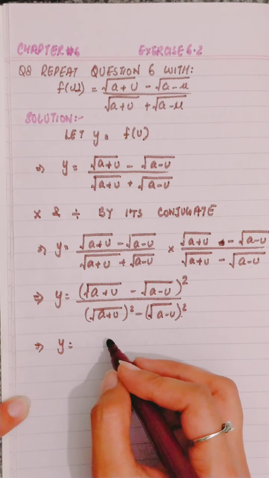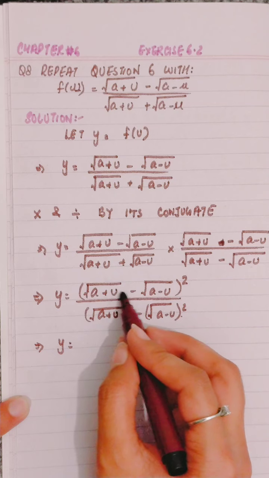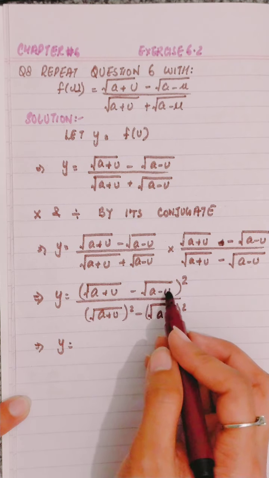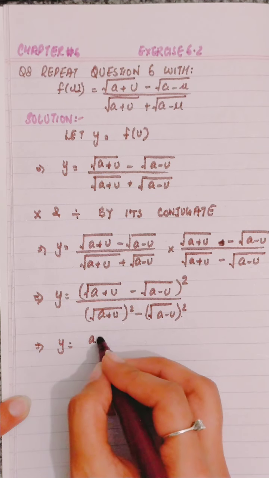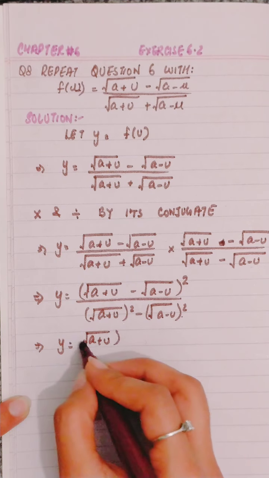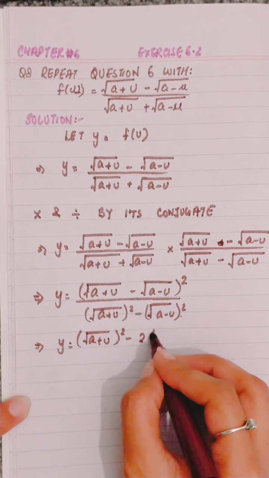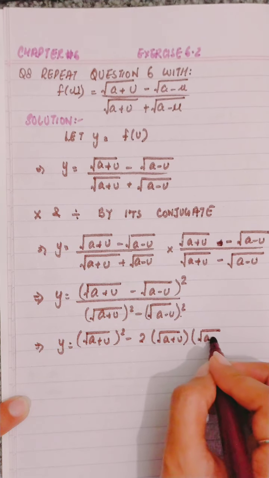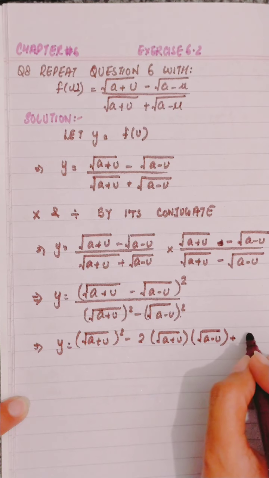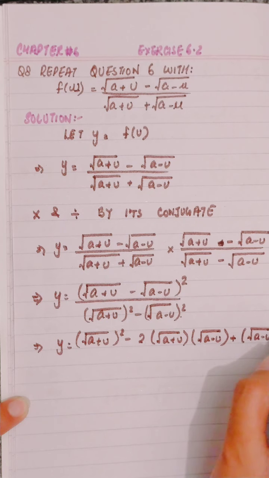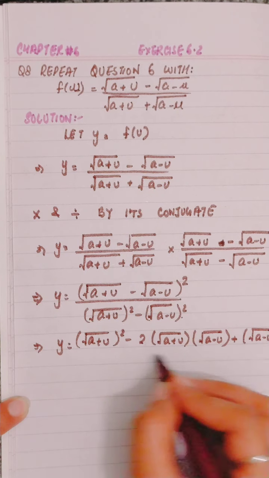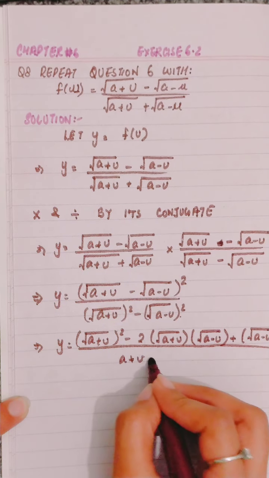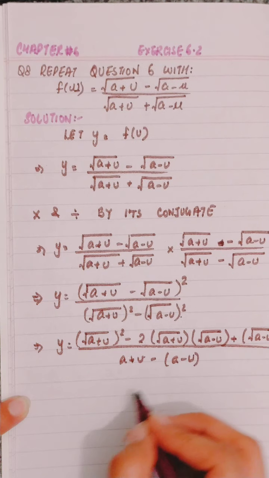So y equals, in the numerator I am applying the formula a minus b whole square. So a plus u minus 2 times root a plus u into root a minus u plus a minus u, divided by a plus u minus a minus u.